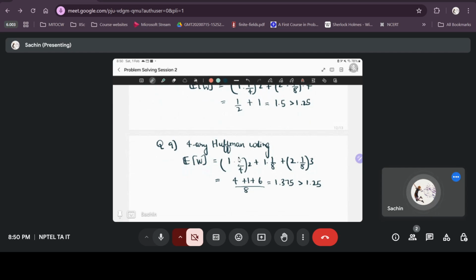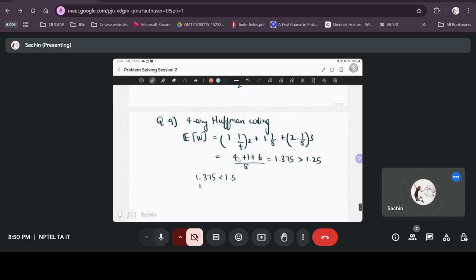And also, 1.375 is less than 1.5. So the optimal one is Huffman, and Shannon-Fano was actually suboptimal.